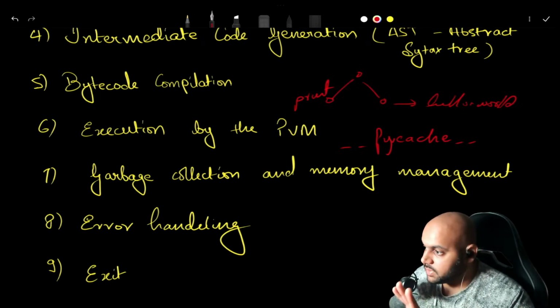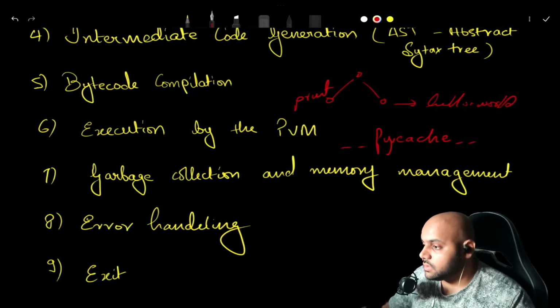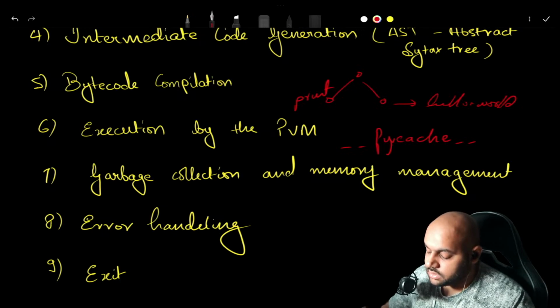The engine is Python. That PVM is the engine of Python. So you can sit in a car made out of wood or made out of steel. As long as it has the same engine, it will work the same way, right? So once the PVM receives this code, it will run and execute that bytecode instruction.